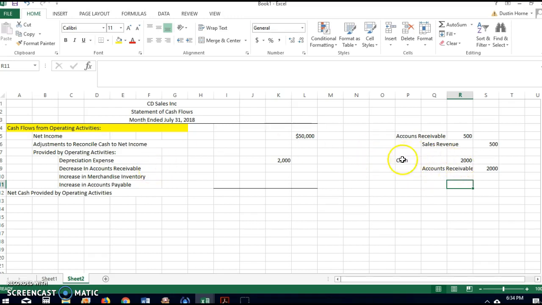We had more entries that looked like this than we did that looked like this. So all my revenue has been recorded, but if my accounts receivable went down, that means I collected more cash than I had sales. So I'm actually getting more cash than the sales that I have recorded. So cash is actually going to increase.